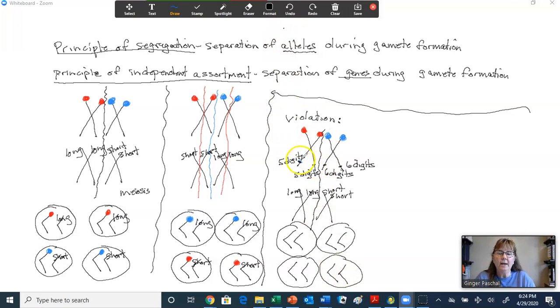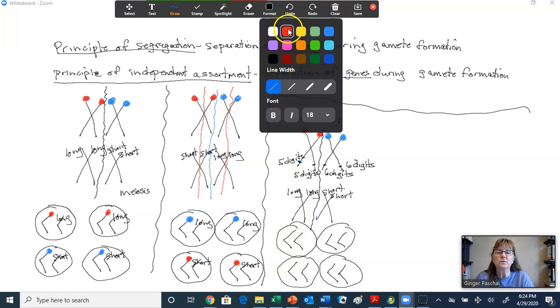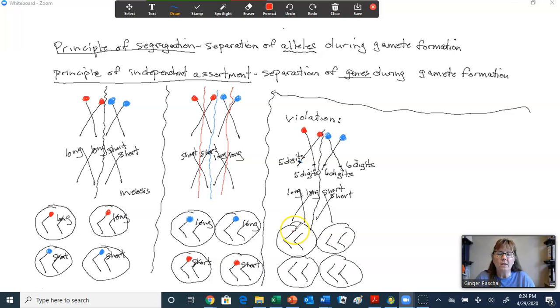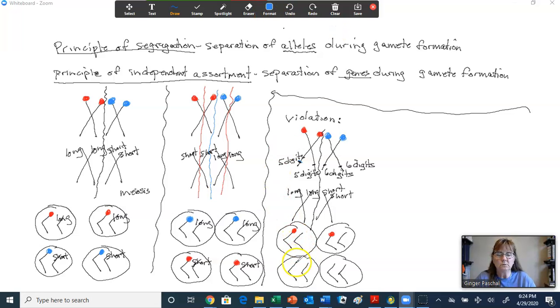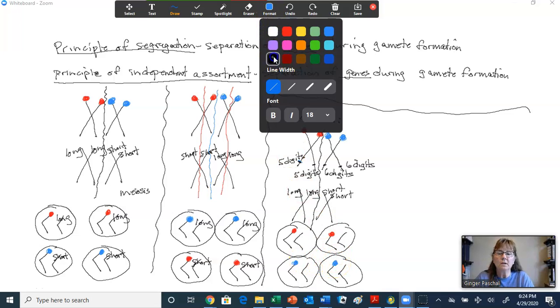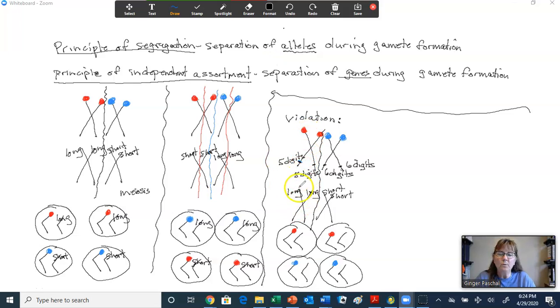We again end up with long. Well, let's do the colors first. We end up with red and red, and we end up with blue and blue. And when we have red, we have long.